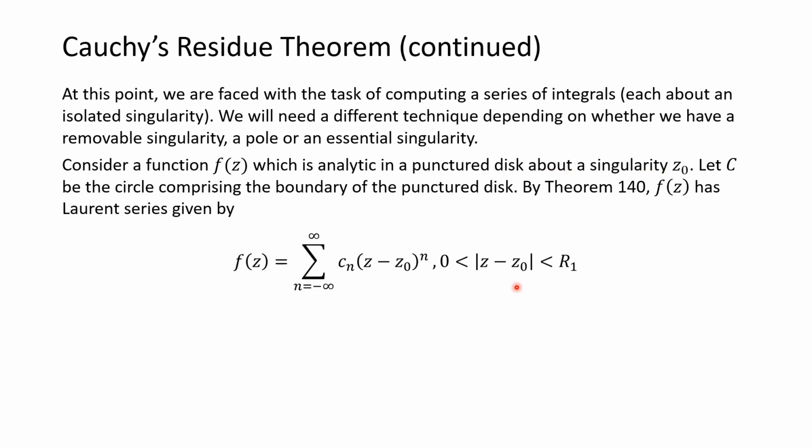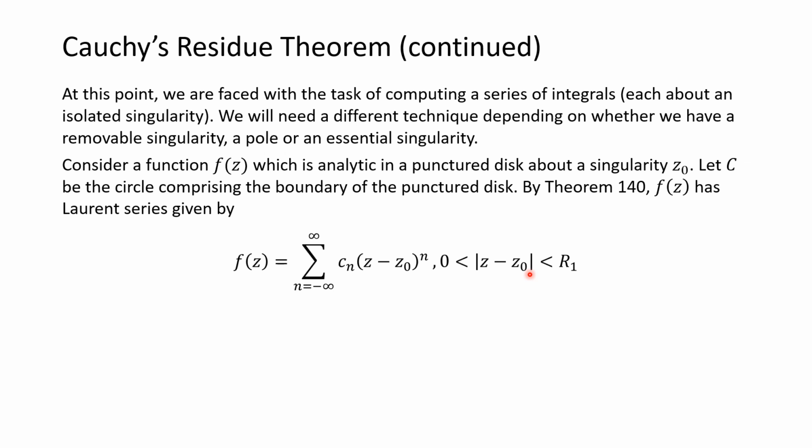So we have this Laurent expansion where the indices go from minus infinity to plus infinity. z sub 0 is one of our singularities, and then this is our punctured disk. Just one caution here is that we want to make the radii for each one of the singularities such that the punctured disk doesn't intersect any of the other punctured disks.